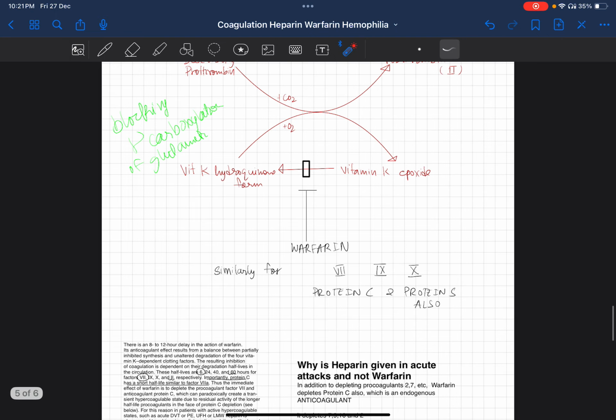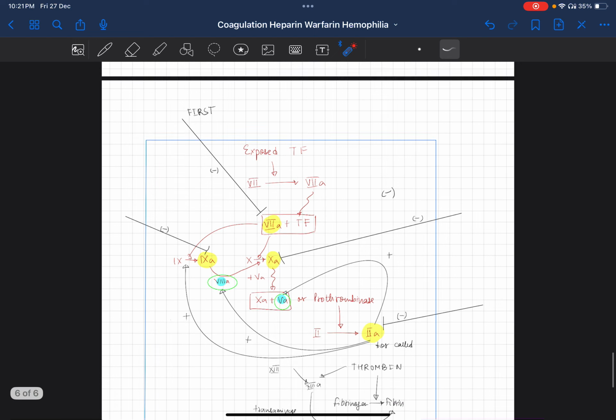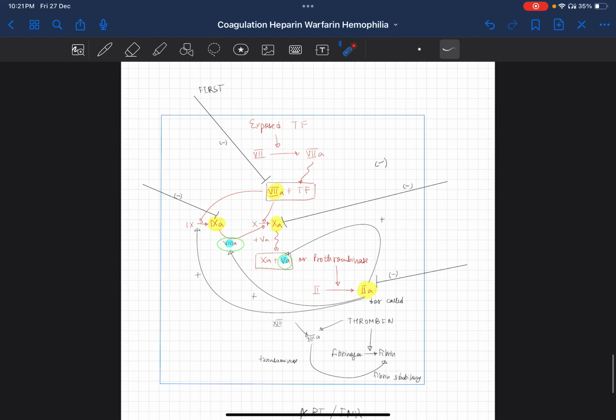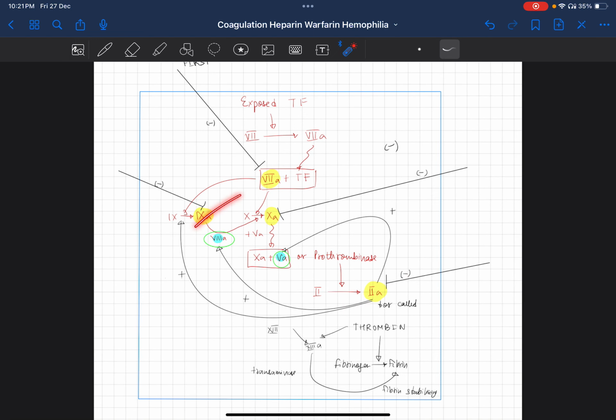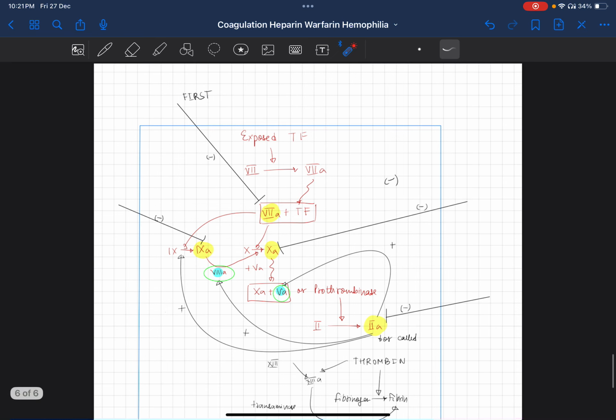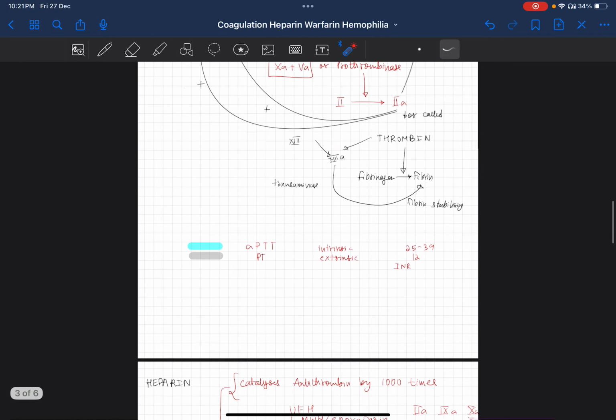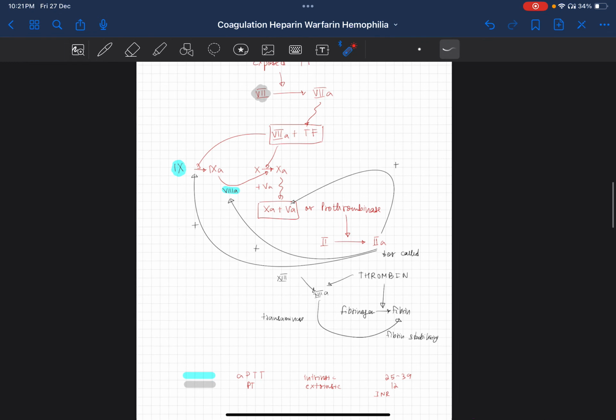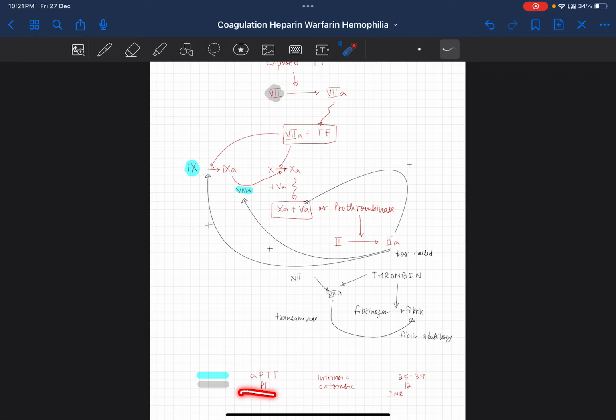Now, say you want to do testing to see what warfarin is doing in the blood. Is it working or not? These are the things that it is affecting. Warfarin is affecting all this. First, it is affecting this. What is this, factor 7? If you go to this page, factor 7 was seen where?